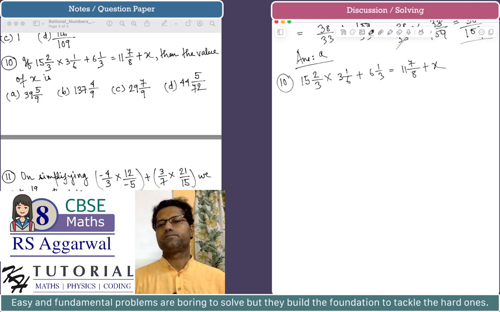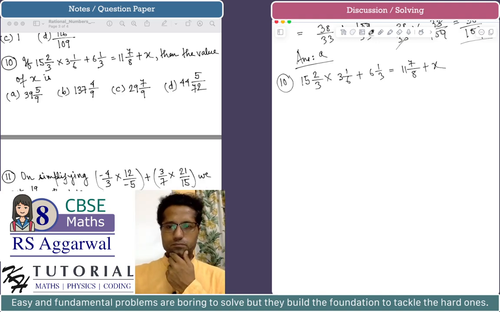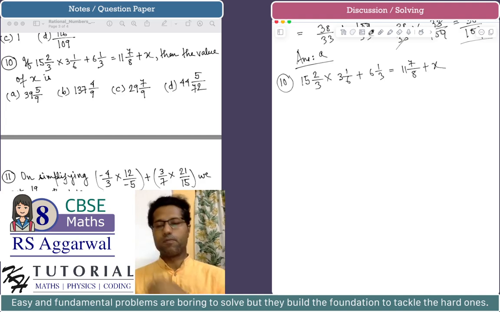Now whenever you are solving this kind of problem, whenever you have a mixed fraction like 6 and 1/3 as addition or subtraction, do not immediately convert it into an improper fraction.